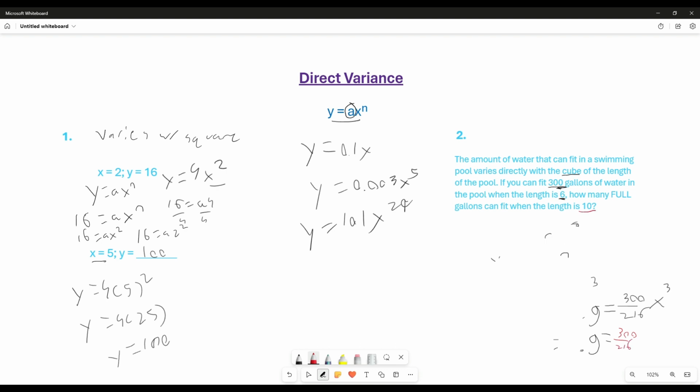X is 10 for this part of the problem, so it would be 10 cubed. 10 cubed is 1,000, so 300 over 216 times 1,000. 300 times 1,000 is 300,000 over 216, and then you put that in your calculator and simplify it, and that gives you the number of gallons.